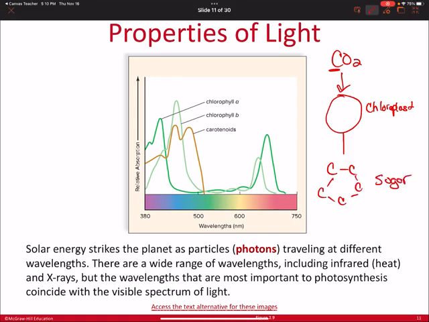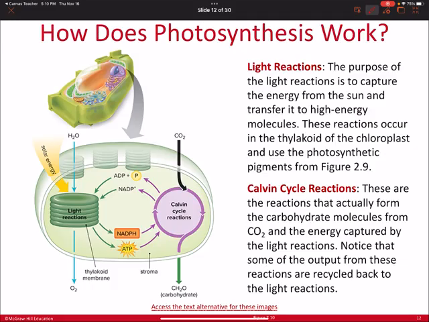Well, in order to get carbon to bond to other carbon, you have to have some type of energy input. It takes work to build anything. It takes work to stack bricks. Well, in chemistry, it takes work in order to get these carbons to bond together. And what plants do is they use light energy from the sun.